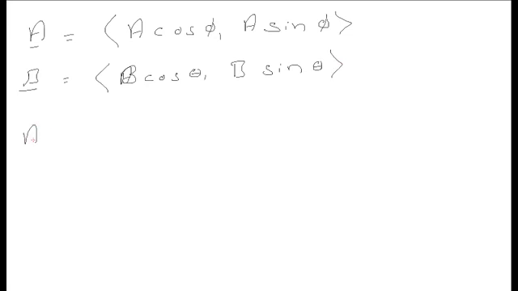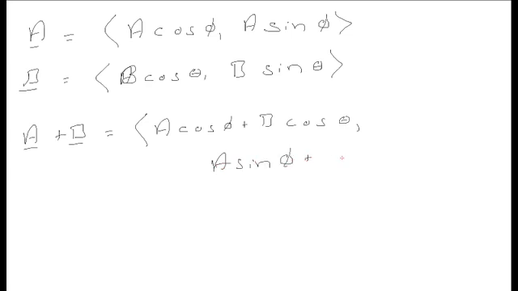And if I add them together, I get magnitude of A cosine of phi plus magnitude of B cosine of theta, and magnitude of A sine of phi plus magnitude of B sine of theta. Similarly, if I were subtracting, that would be a minus sign.